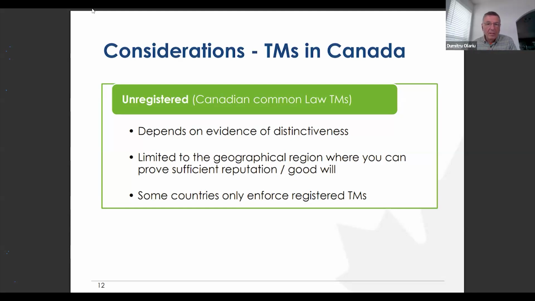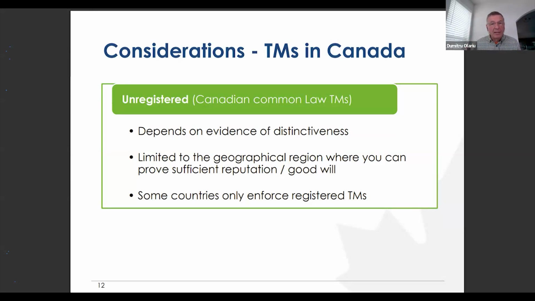You have to show that you have a distinctive trademark compared to other trademarks used in the same field of trade. And the protection under common law is limited geographically. So keep in mind that registration will give you the advantage that you can enforce the trademark rights throughout Canada.